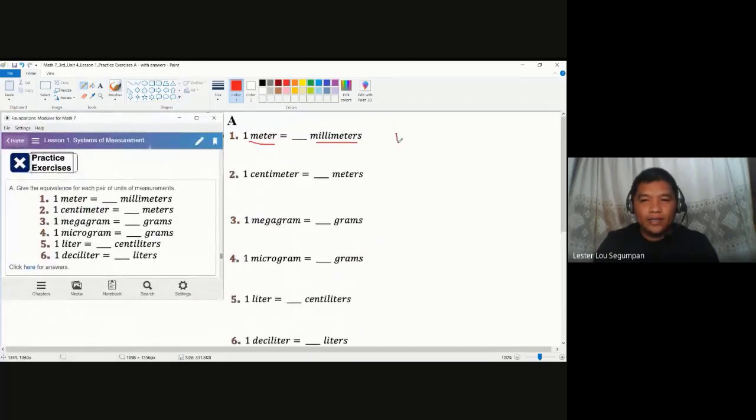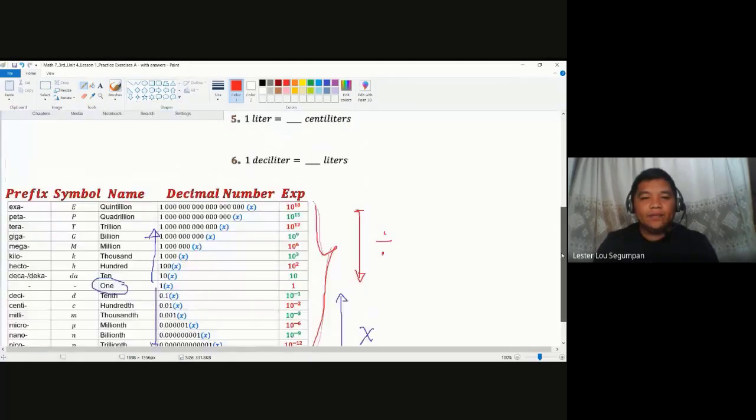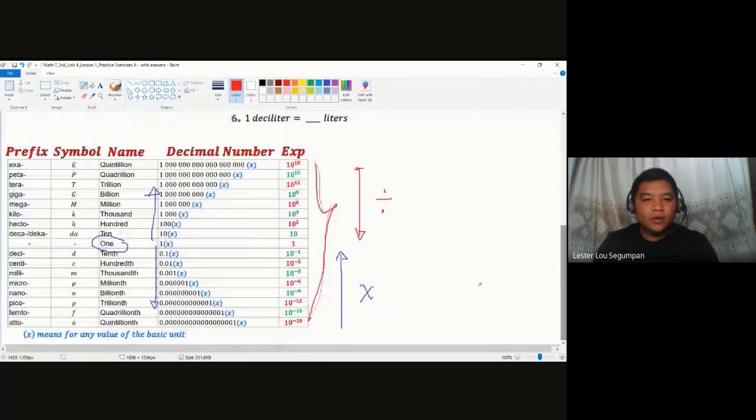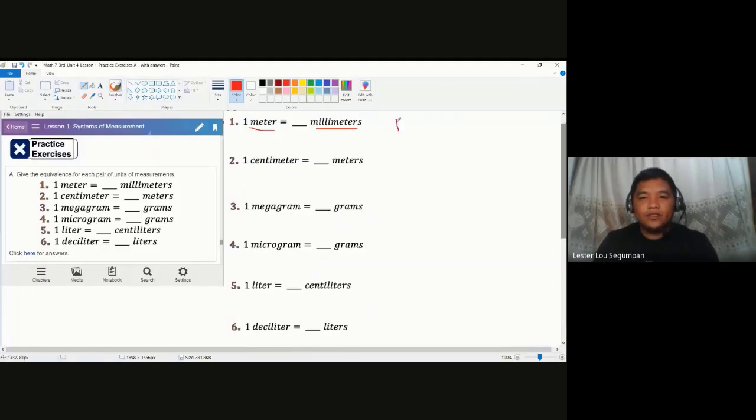And then for millimeters, we have milli. Using the prefix milli, we are going to use 10 to the power of negative 3. So, let's write it here: 1, and you have 10 to the power of negative 3.